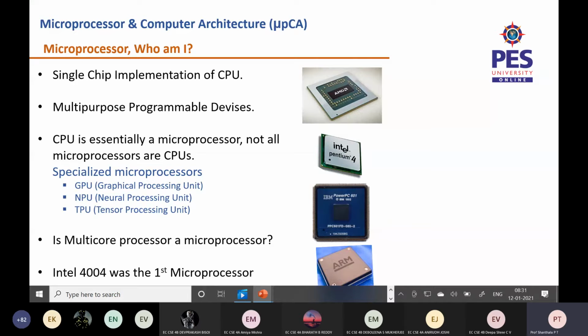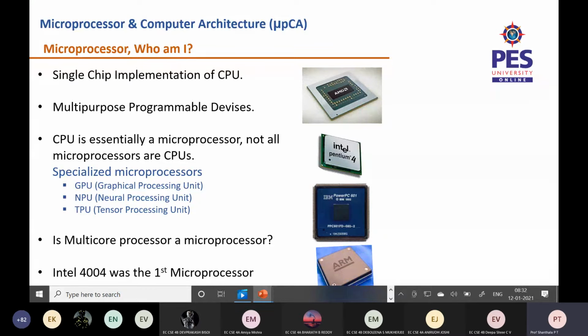So there is nothing to do with graphical processing in the NPU. Graphical processing is removed from the NPU and it is made light. So lighter than CPU, which is an NPU.